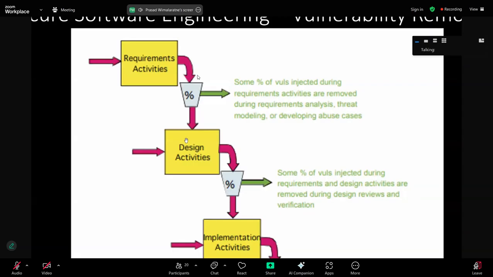Then we have the design activities that we usually do with our applications, and we can have filters to remove some percentage of vulnerabilities injected during the requirements and also design activities. There are activities we will discuss later, like the design reviews and verification methods that we can use. When you do a design, we have an activity called design reviews, like code reviews you typically do in development.